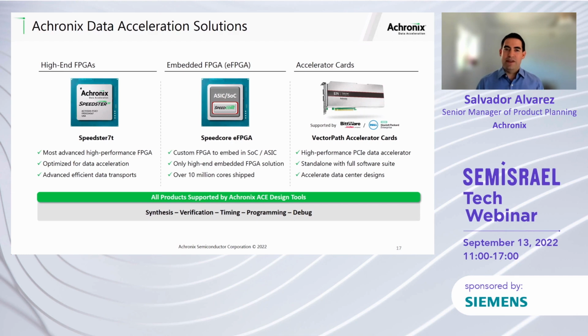You don't have to redevelop an ASIC, you can reprogram the eFPGA portion to take advantage of the updated workload. And lastly, we have accelerator cards, such as the one of our ASR Appliance, which is a high performance PCIe data accelerator. All of these offerings are fully supported by our Achronix ACE design tools, which include synthesis, verification, timing, programming, and debugging.